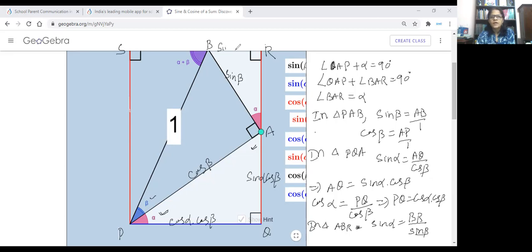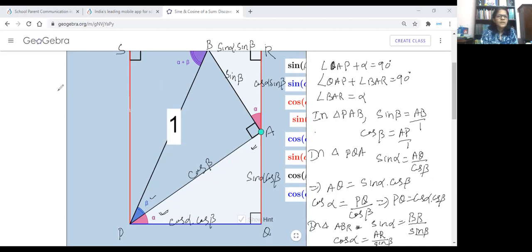Similarly, cos alpha equals AR by sine beta, B by H. So AR equals cos alpha sine beta. This triangle is done. We got all three sides. Now coming to triangle.